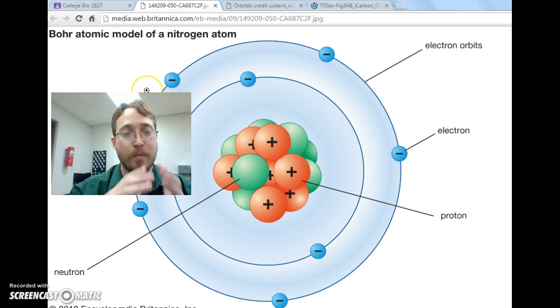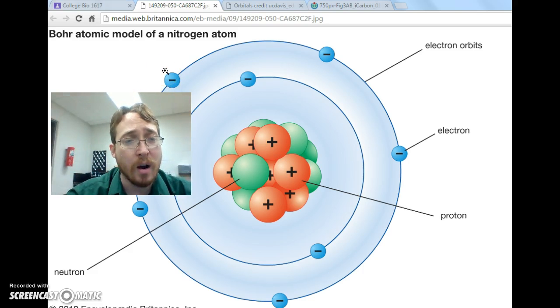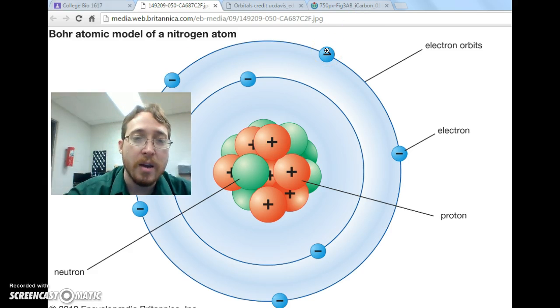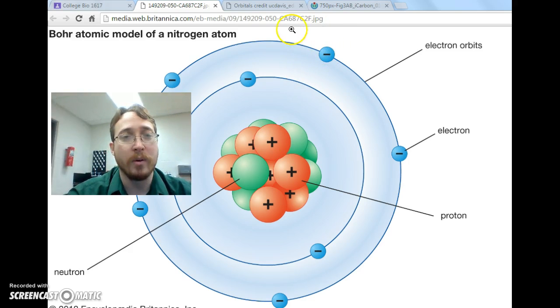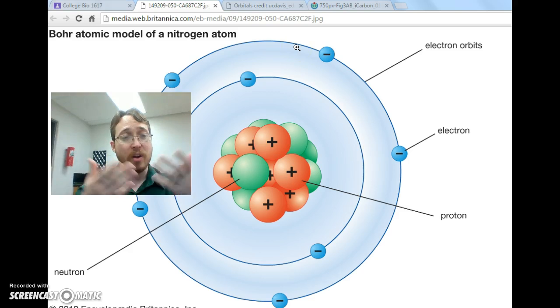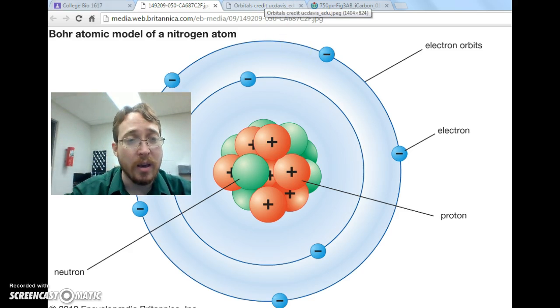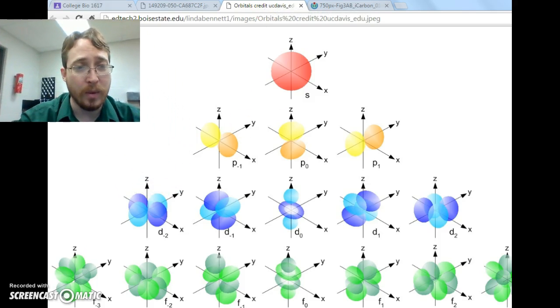So now we get these shells forming, we get these orbitals forming. Because the shapes are influenced by the electron's tendency to be drawn toward the proton, but also repelled from other electrons, their paths are irregular, and we can track where electrons are likely to be and determine what those shapes are.